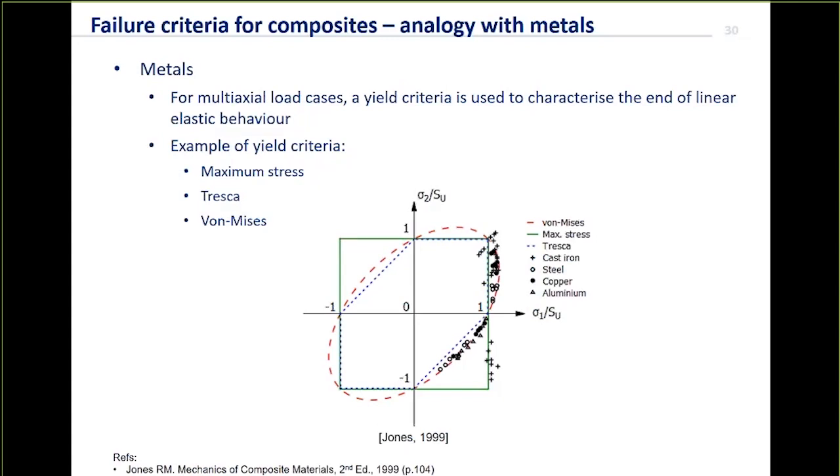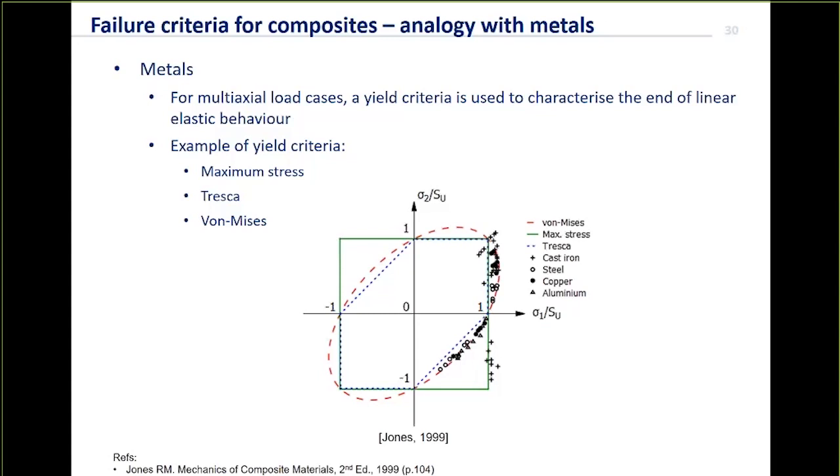So if we plot sigma 1 and sigma 2, the two principal stresses, and we look for the locus of points representing each yield criterion, the dashed red ellipse here is the von Mises yield criterion, which is probably the most widely used one.